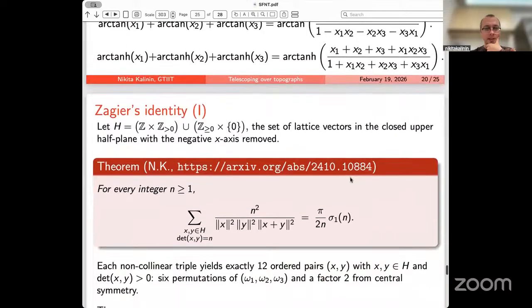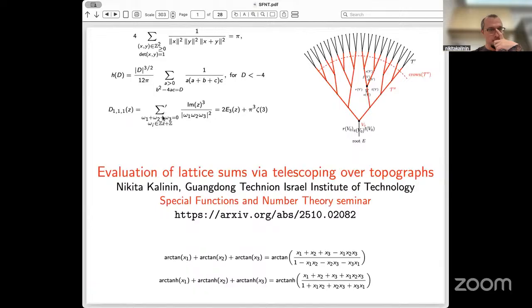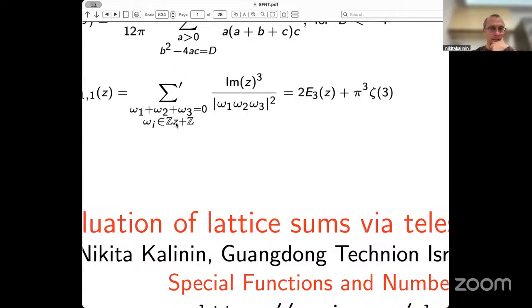Now let me briefly tell you how to get the Zagier identity out of it. So what is the Zagier identity? It is this one. Consider a fixed z, a complex number, and then consider the lattice generated by z and 1, and all triples of vectors with sum 0. The prime means that I don't allow a vector to be 0. Then I can take the product of them, take the modulus, and take a sum over all such triples.